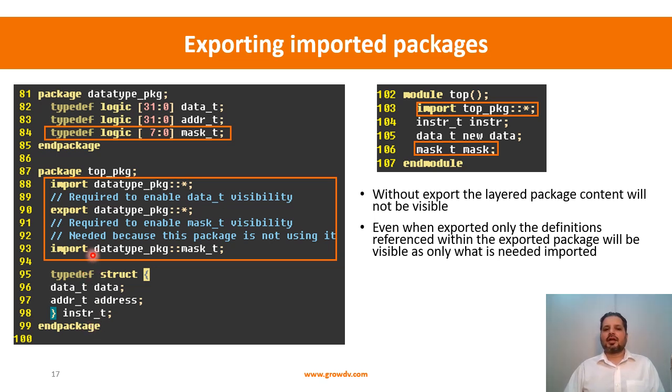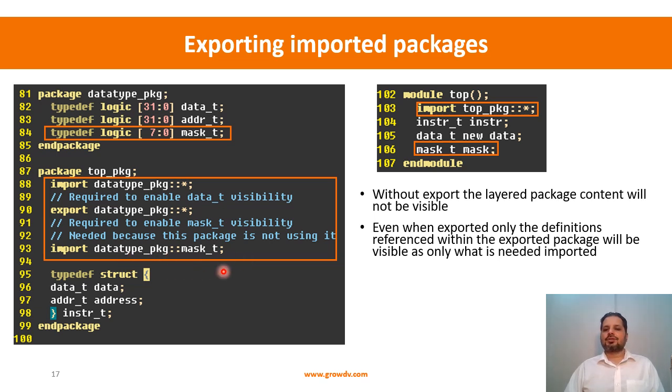So that is why what I now need to do, although I don't need it, I'm talking in the context of the top package, although the top package doesn't need mask_t, but if somebody were to import the top package, you want the mask_t to be visible. So then you have to additionally explicitly import data_type_package::mask_t.